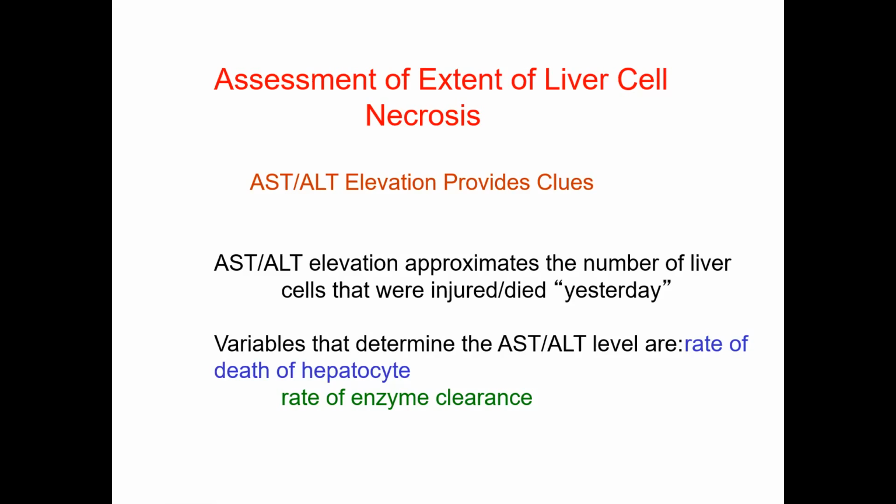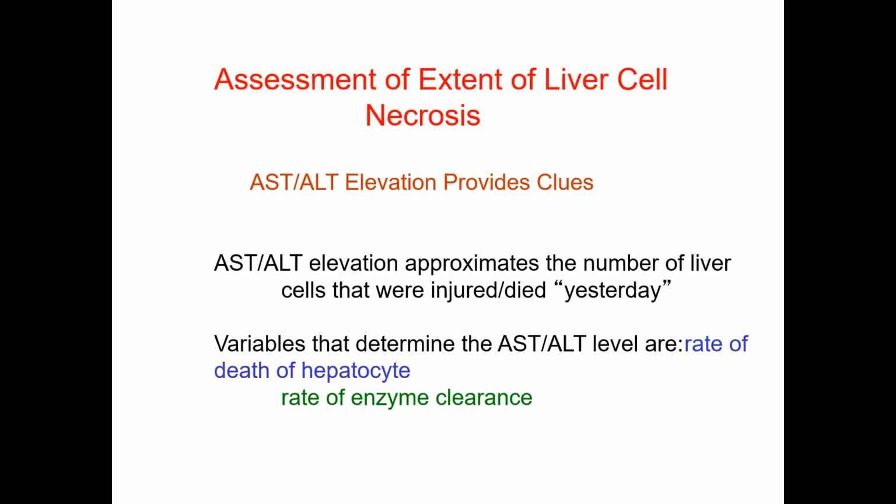Of course, the number of hepatocytes dying will be proportional to the level of your AST or ALT elevation. So the presence of ALT and AST elevation in the blood is proportional to the number of dying hepatocytes. However, also remember that your reticuloendothelial system, your macrophages, eliminate AST and ALT from the circulation quite efficiently, within a matter of 1 to 2 days.